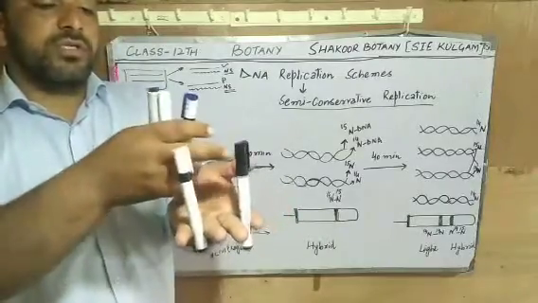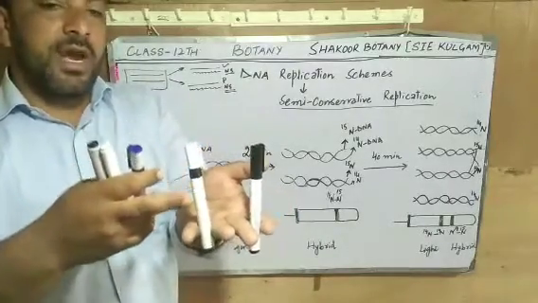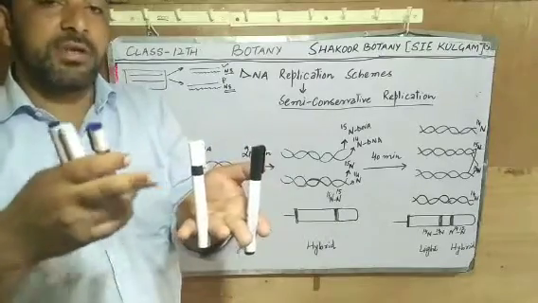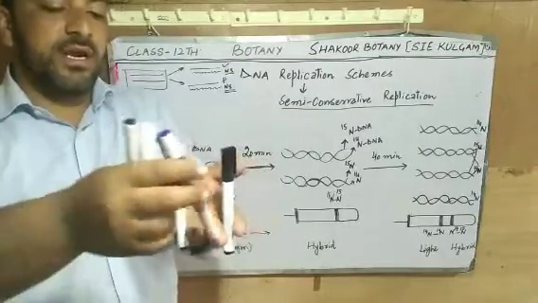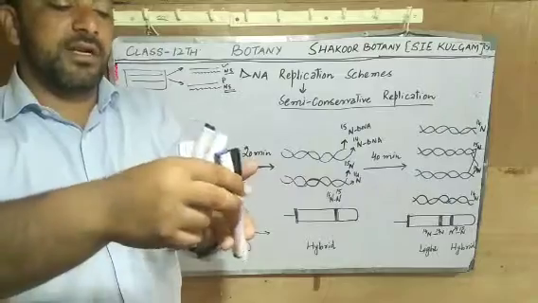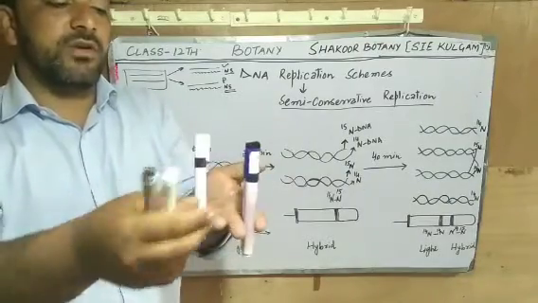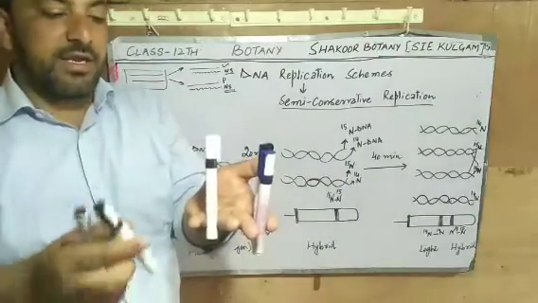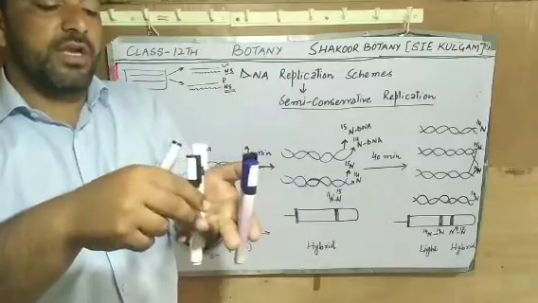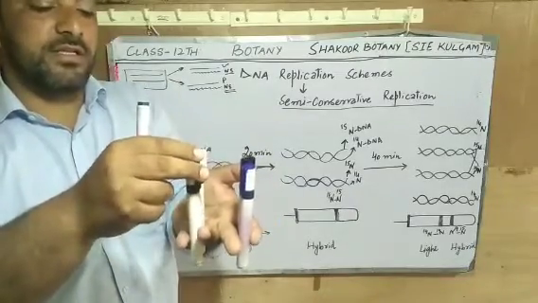Now these separated DNA strands act as template, they act as basis for the synthesis of new DNA strand. Here from this template strand we get this newly synthesized strand, and here from this template strand we get this newly synthesized strand.